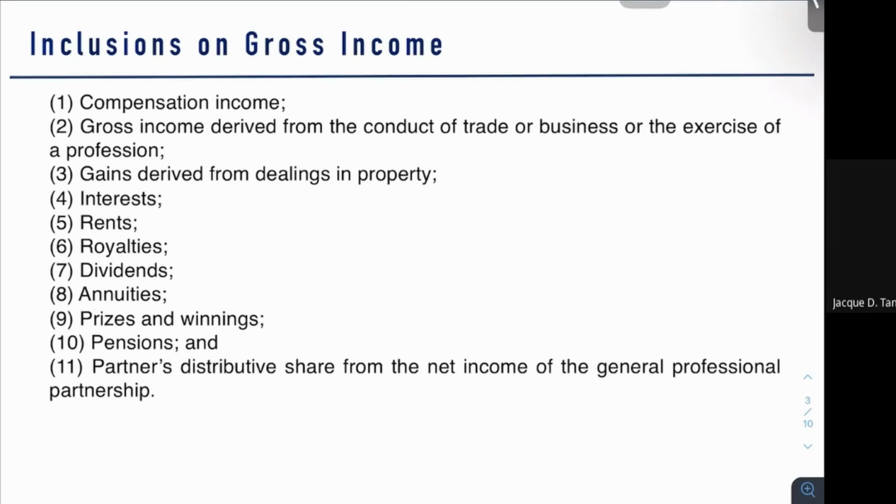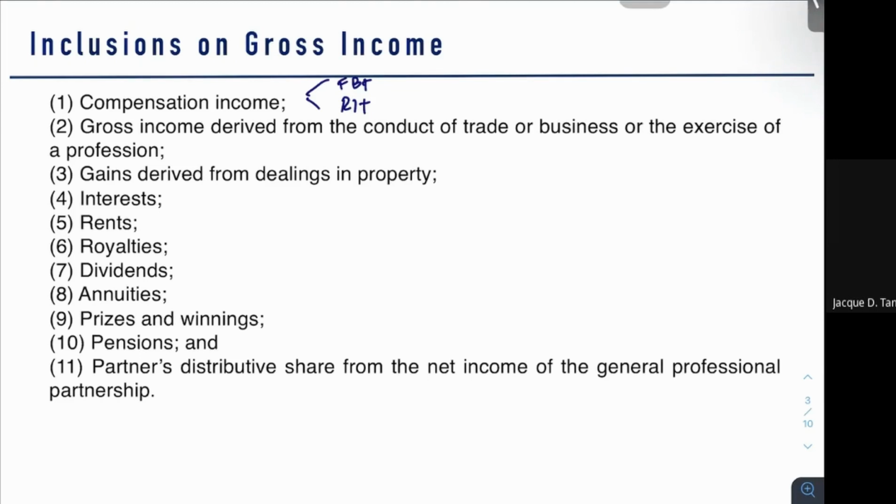The following are your inclusions on gross income. First, you have your compensation income. We're done with that, and we already know how to tax it, whether at final tax subject to fringe benefit tax or subject to regular income tax. Next, your gross income derived from the conduct of trade or business or the exercise of profession.